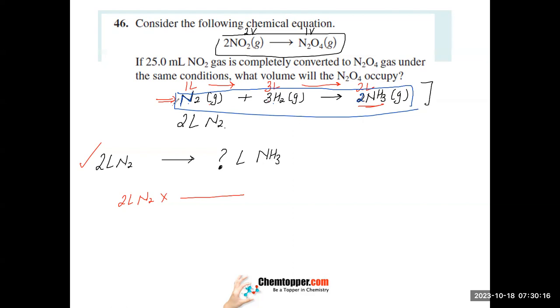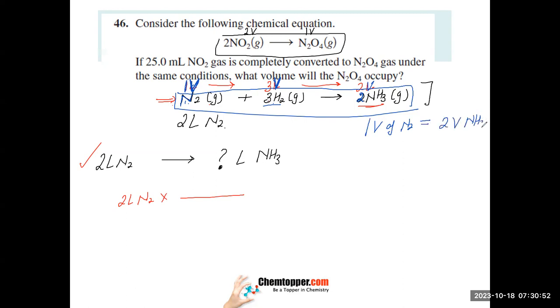So, Afan, you can read this equation in terms of volume because they all are present at the same temperature and pressure. So, if this is 1 mole, I can take this volume as 1 V or 1 liter. Then the volume of H2 will be 3 times of that, 3 V. And the volume of ammonia will be 2 times of N2, 2 V. So I know that 1 volume of N2 is equal to 2 volume of ammonia.